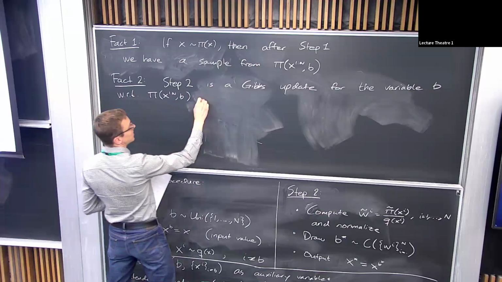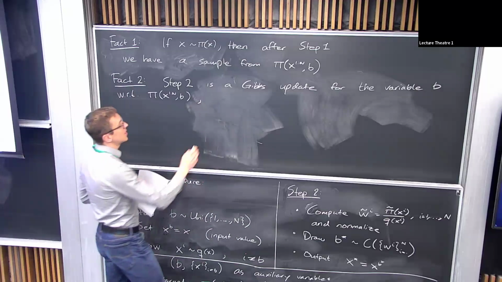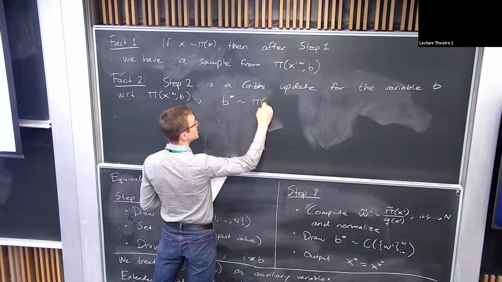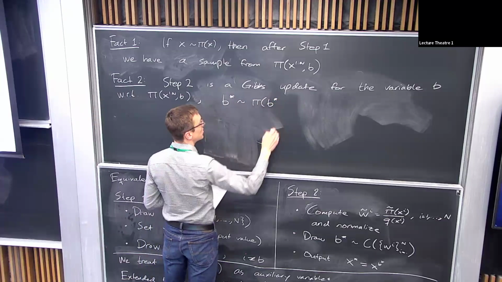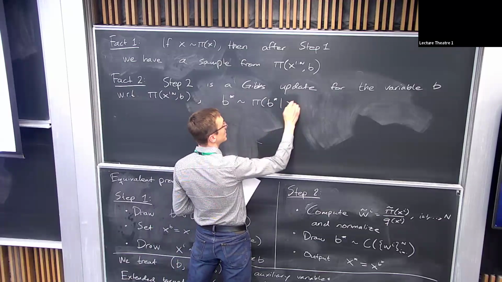We can kind of view this sampling B star here as sampling a new value for B from its full conditional distribution. So conditional distribution pi of B star given x_1 to n.